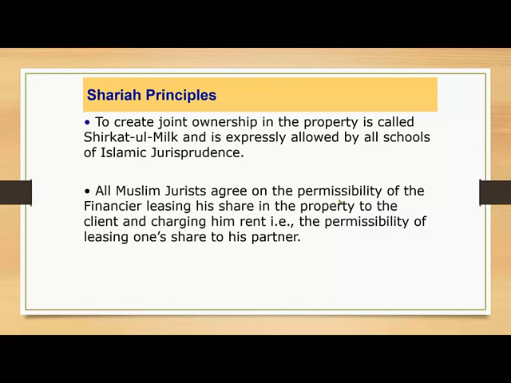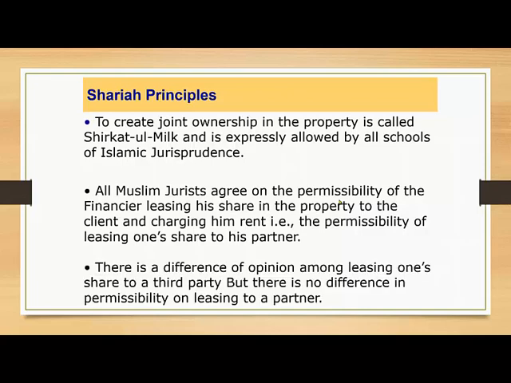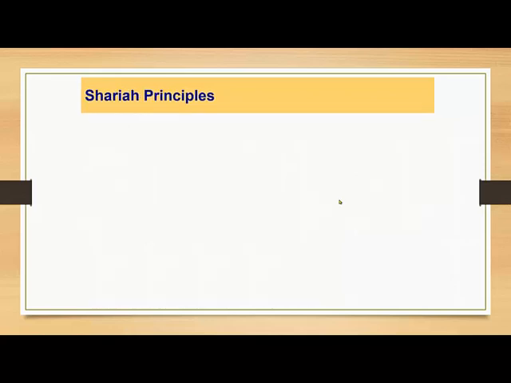All Muslim jurists agree on the permissibility of the financier leasing his share in the property to the client and charging him rent, that is, the permissibility of leasing one's share to his partner. There is a difference of opinion on leasing one's share to a third party, but there is no difference on the permissibility of leasing to a partner.